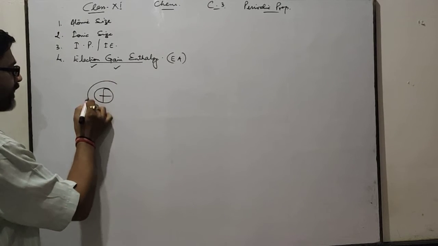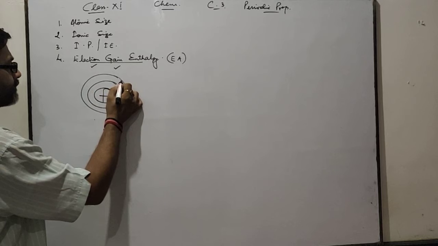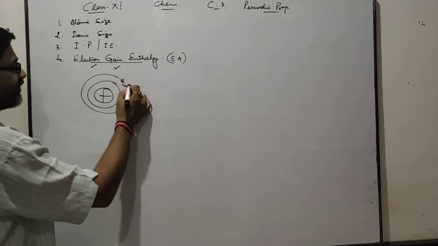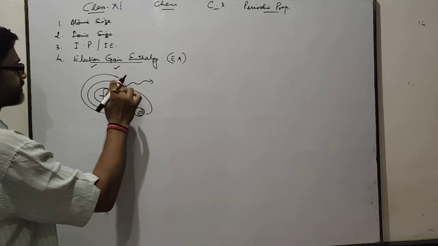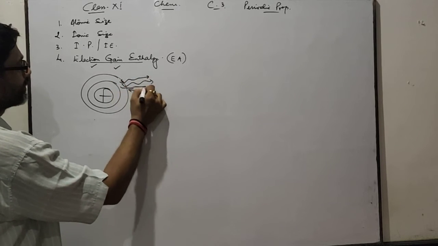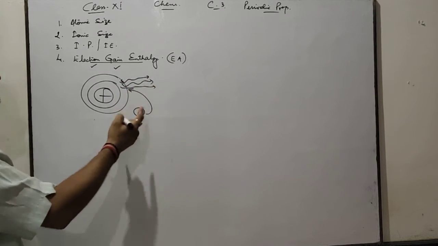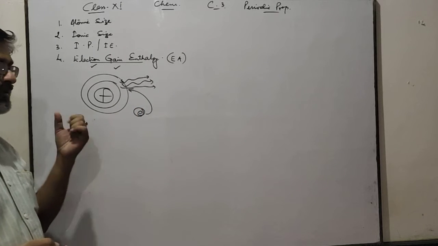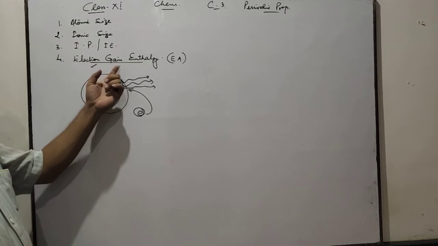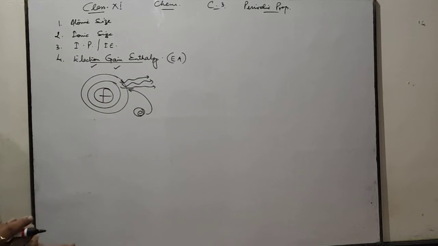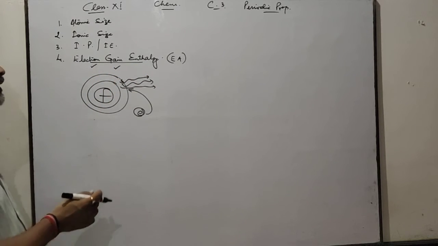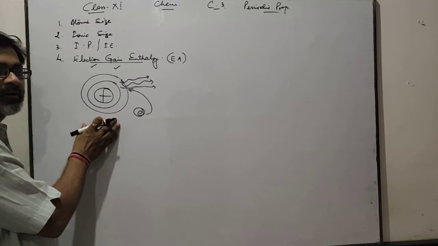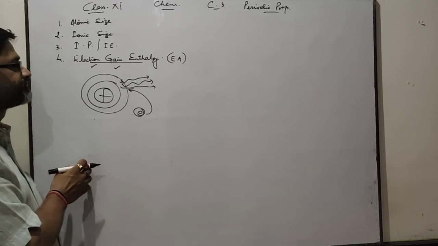When an isolated neutral gaseous atom accepts an electron, some energy is released. The amount of energy released by an atom by accepting an electron is called electron gain enthalpy. Enthalpy is the heat or energy released when an electron is added to a neutral isolated gaseous atom.